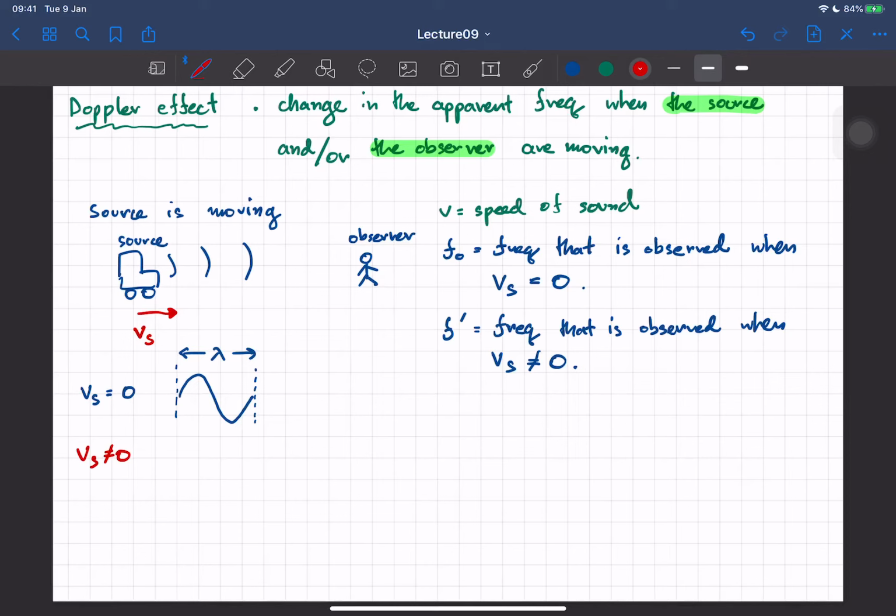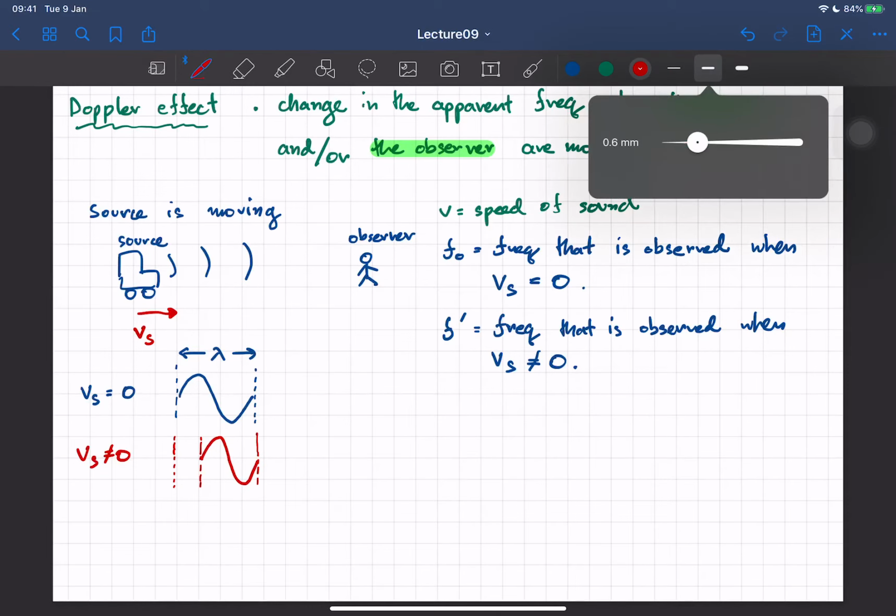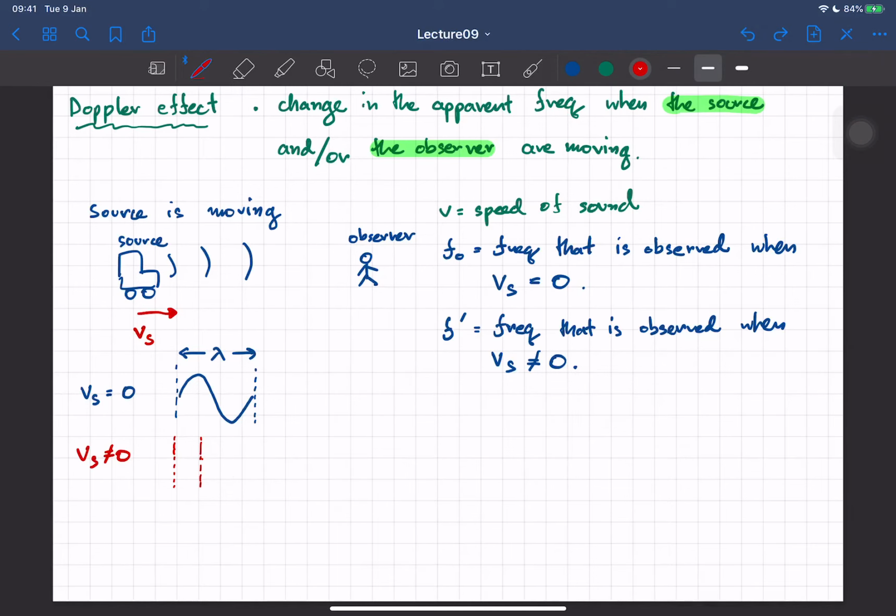So when the source is giving out wave, the source is also moving, right? So in the end, by the end of one cycle of the wave, the source is going to move this much, and then the wave coming out will get compressed like this. So you can see what happened here is that it makes the wavelength actually shorter than it used to be, because the source is moving when it's giving out wave.